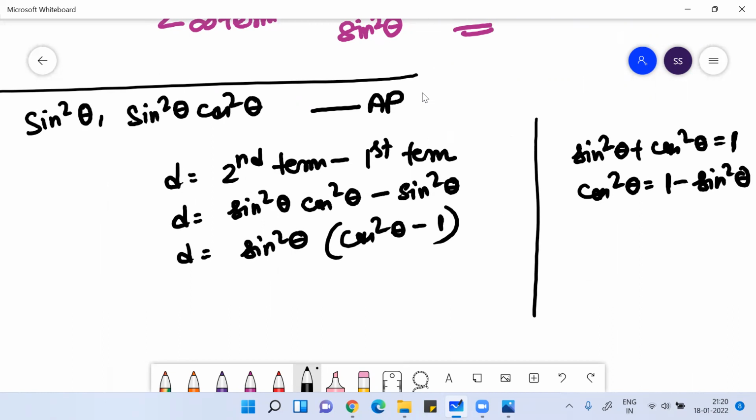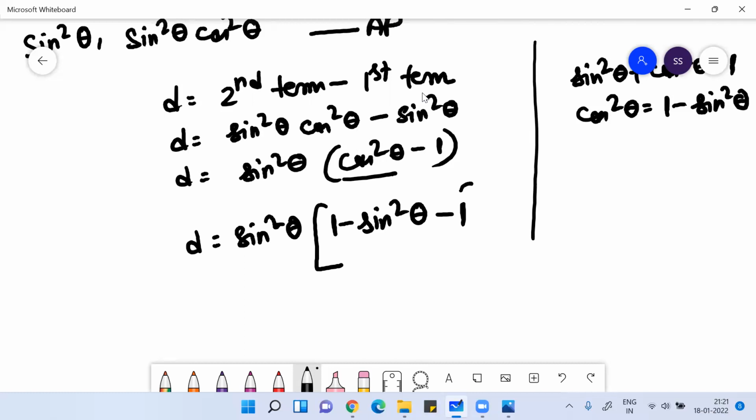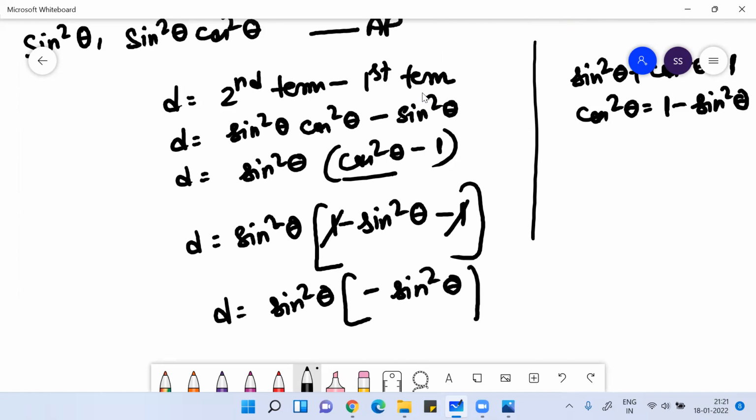So the common difference is sine square theta times, 1 minus sine square theta minus 1. The 1 minus 1 will get cancelled, leaving minus sine square theta. So your common difference will be minus sine to the power 4 theta.